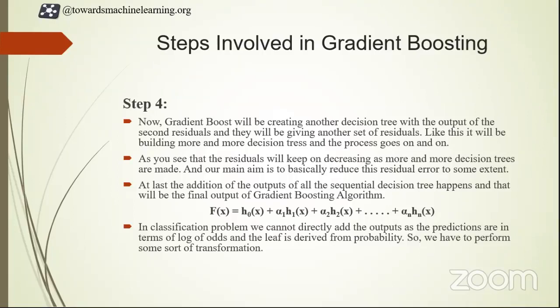In regression, you can easily add all the trees together. But in classification, remember, you did it by taking log of odds and then calculating the probability. So you cannot directly add the outputs all together. You have to perform some sort of transformation in a classification problem while doing gradient boost.